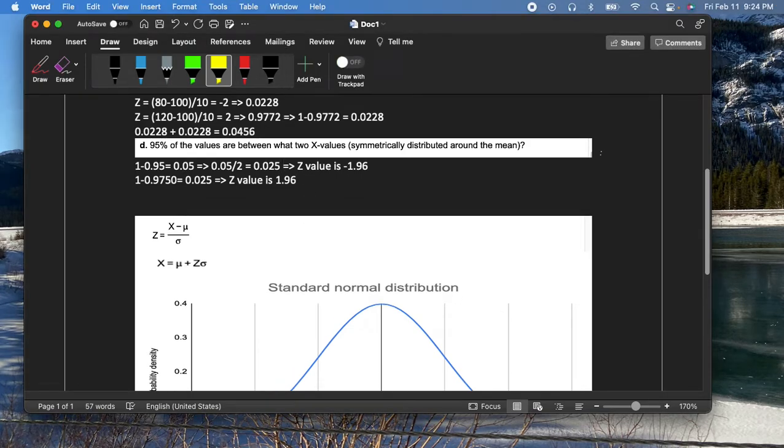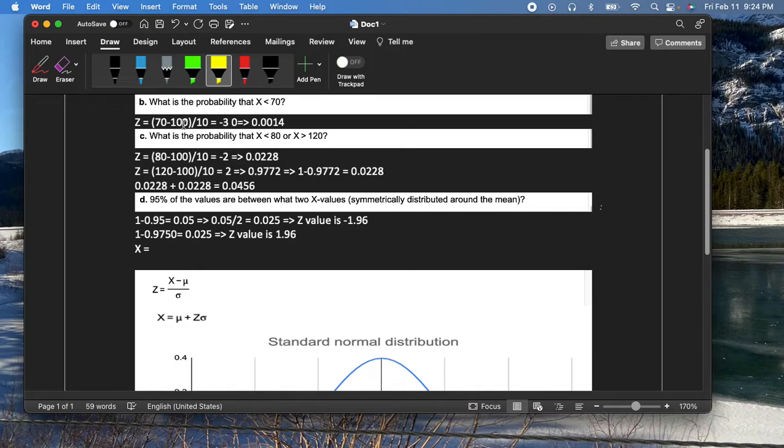We need to use this formula here, right? We have the z values, negative 1.96 and positive 1.96. Now we need to turn those z values into x values, so we need to do the reverse of what we did here.